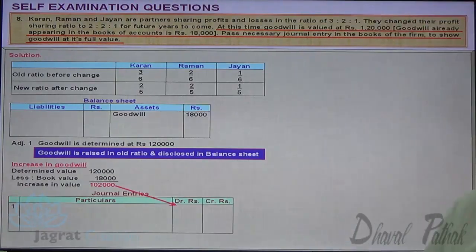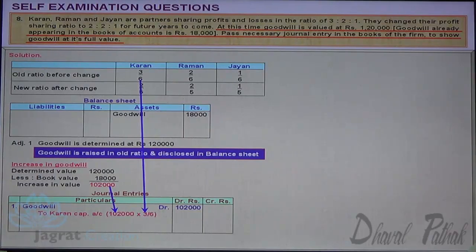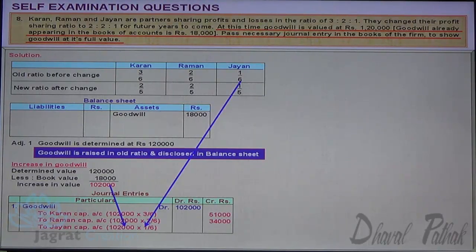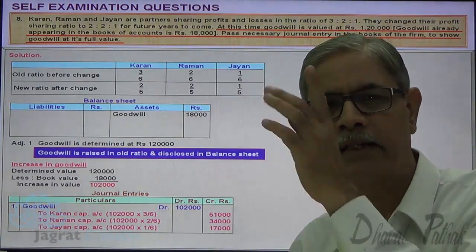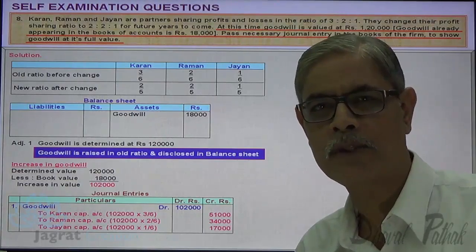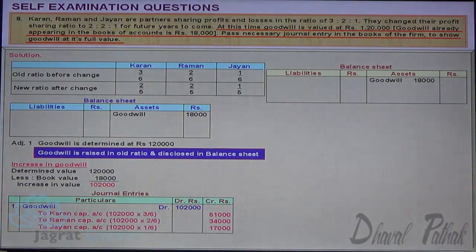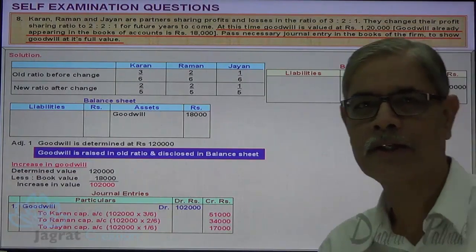Goodwill account debit, to Karan's capital account 3/6 of 1,02,000, to Raman's capital account 2/6 of 1,02,000, to Jayan's capital account 1/6 of 1,02,000. This is the journal entry for goodwill being raised. After raising the goodwill, how will it appear in the balance sheet? Observe it. 1,20,000. This is how goodwill will appear in the balance sheet.